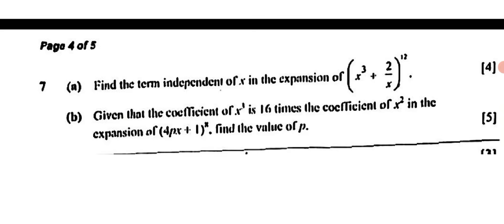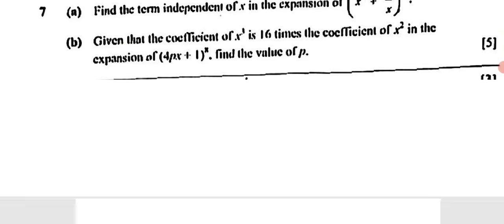Then 7a, where we'll have x cubed plus 2 over x.